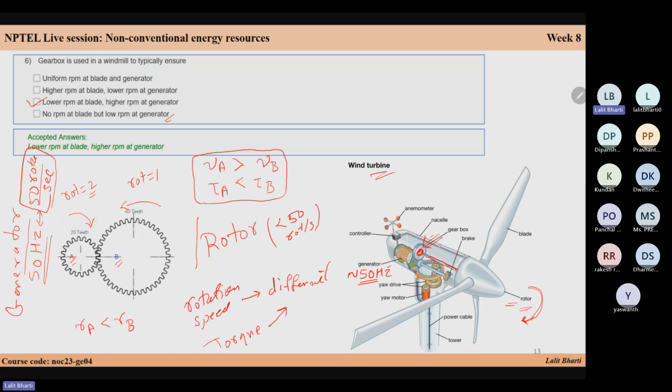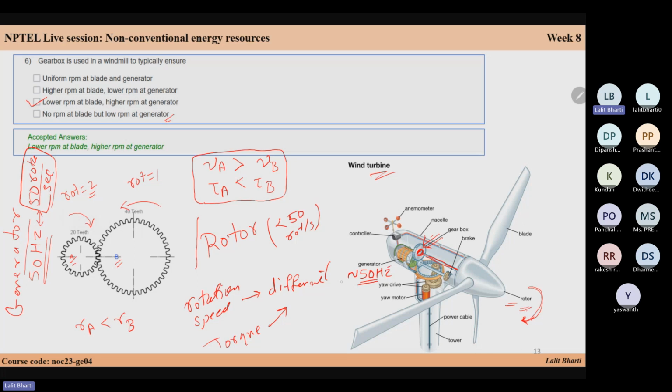So the rotation speed should also be around 50 rotations per second, because in 50 rotations per second, they will be switching their polarity, or their sign.